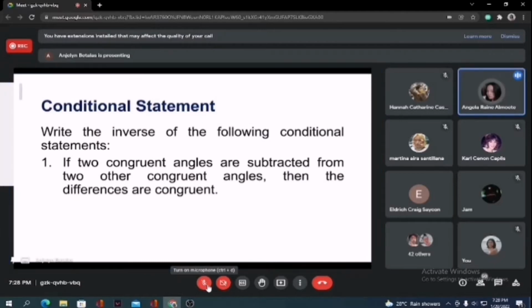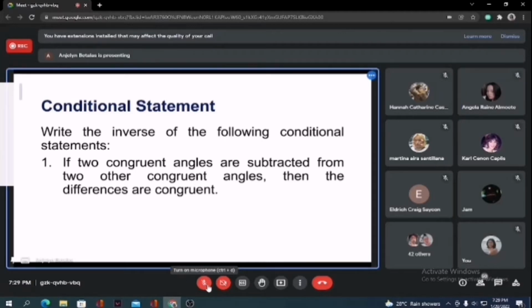If two congruent angles are not subtracted from two other congruent angles, then the differences are not congruent. Sige daw, analyze. Kung dili subtracted ang duha ka angles sa duha ka congruent angles, ang difference dili congruent. Pwede ba siya? Sakto ba dili ta mag-not sa are not subtracted?